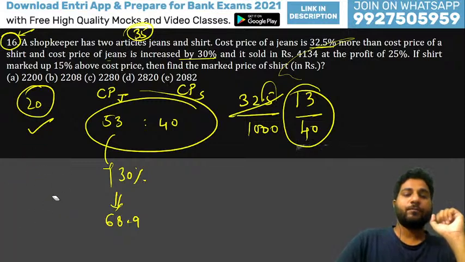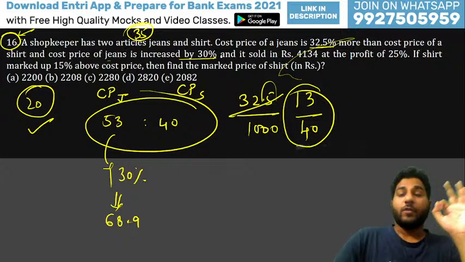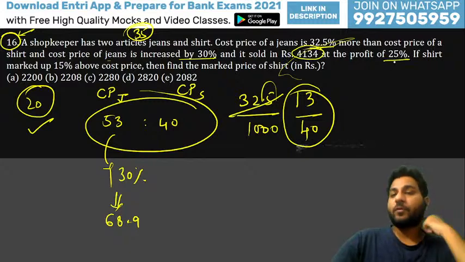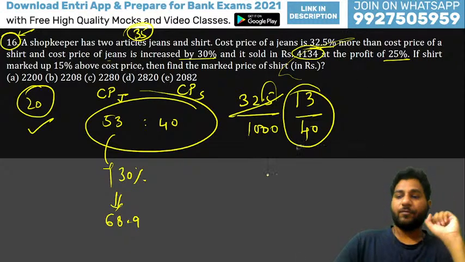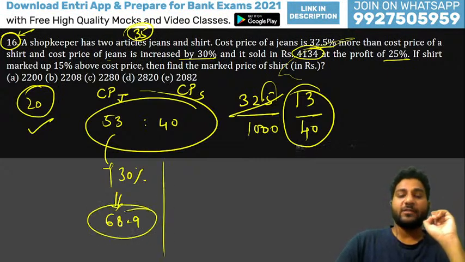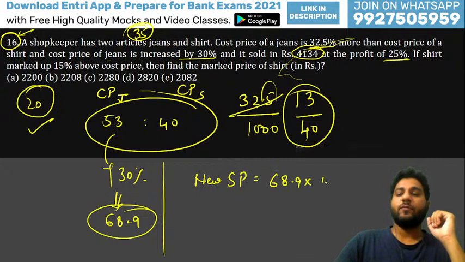Now, sorry, 40 questions, and sold it for 4134 at a profit of 25%. Clearly, if the new cost price is 68.9, the new selling price must be 68.9 into 5 by 4.